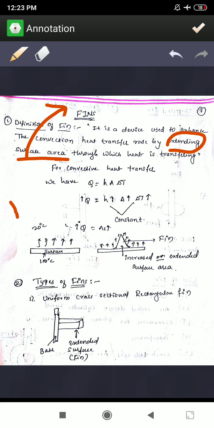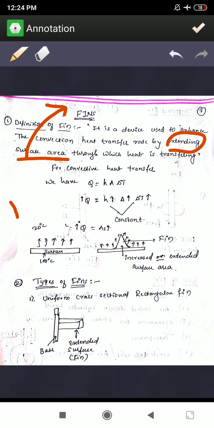We know that for convective heat transfer, Q is equal to H A delta T. Here Q is the rate of heat transfer, H is the convective heat transfer coefficient, A is the surface area, and delta T is the temperature difference.